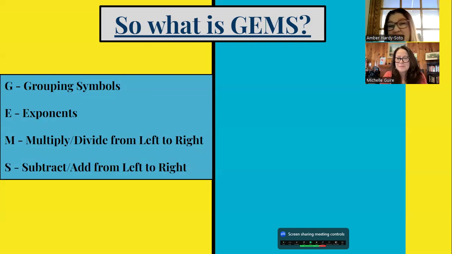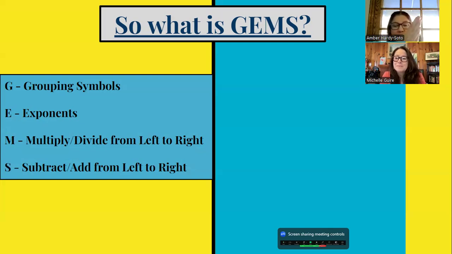The next thing, just like in PEMDAS, the E stands for exponents. So you're going to want to take care of all the exponents that you see in problems next. But then for multiplication and division, we only get one letter, the letter M, but that's to show you that it's multiplication and division together because it's the same level.